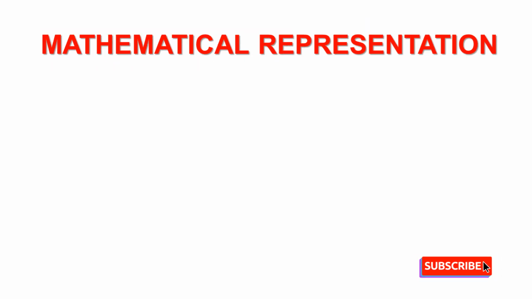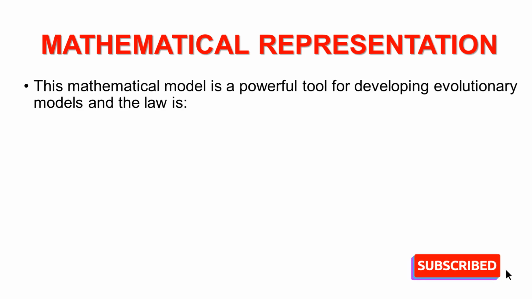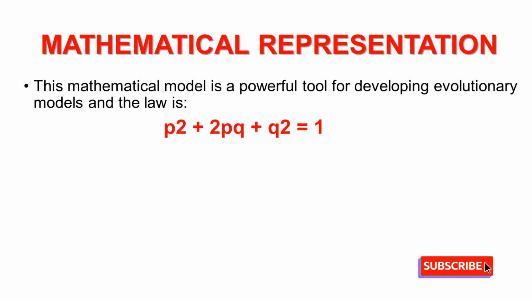Mathematical representation. This mathematical model is a powerful tool for developing evolutionary models, and the law is p² + 2pq + q² = 1.